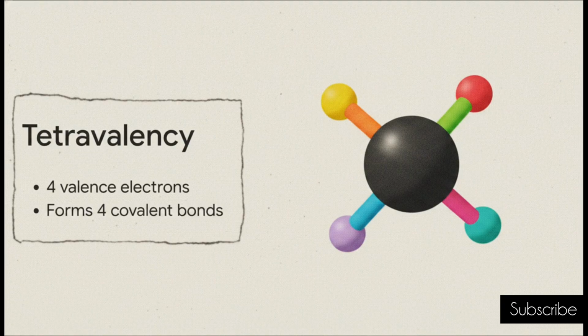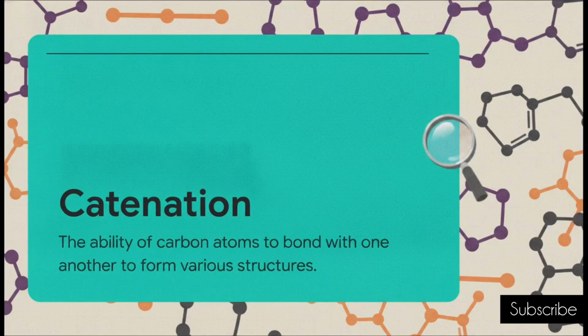This clever setup allows it to seamlessly snap together with a whole bunch of elements: hydrogen, oxygen, nitrogen, sulfur, chlorine, and crucially, other carbon atoms. And that brings us perfectly to the second rule, catenation. This is basically carbon's unique superpower to infinitely link up with identical carbon blocks.